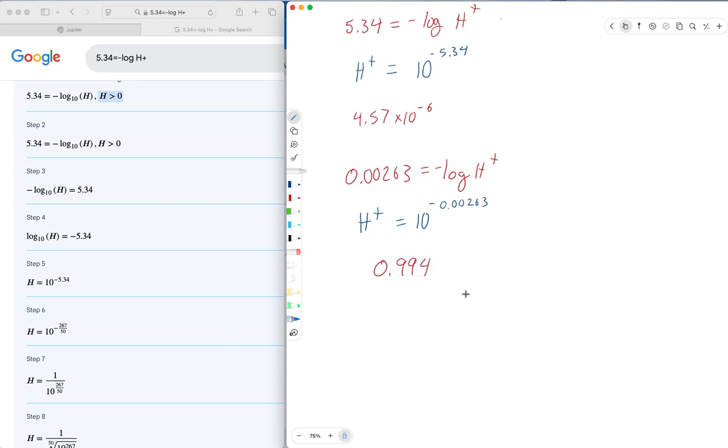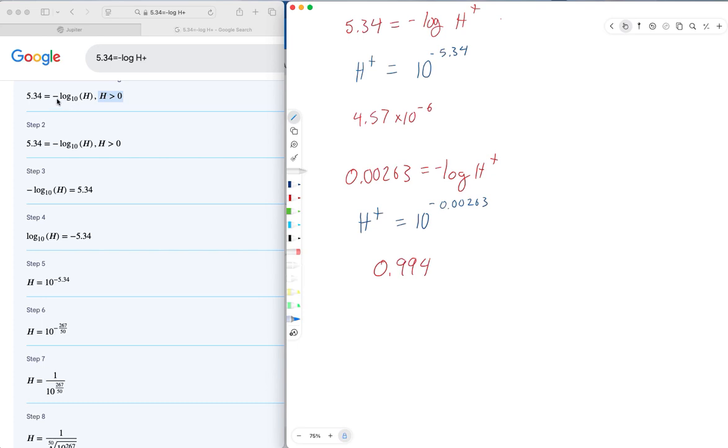I don't know why it works that way. I just know there's a rearranging that happens. It's showing the step by step. The thing that you need to know, this is all of the logic behind it: when you see negative log base 10 of whatever this value is, you take this, make it the exponent on a base 10, and change the sign.